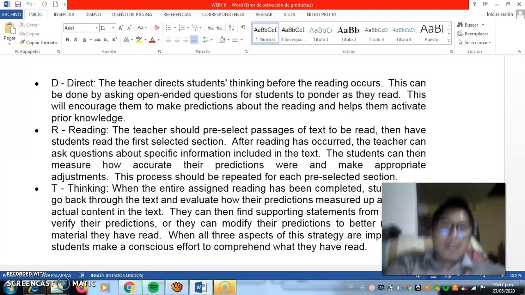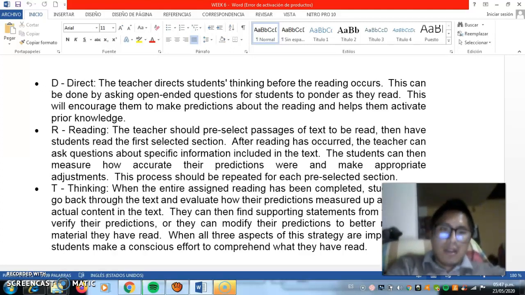Reading says the teacher should first select passages of text to be read. Then have students read the first section, and after reading has occurred, the teacher can ask questions about specific information included in the text. Yes, it's important to analyze the text. It has a process to follow.